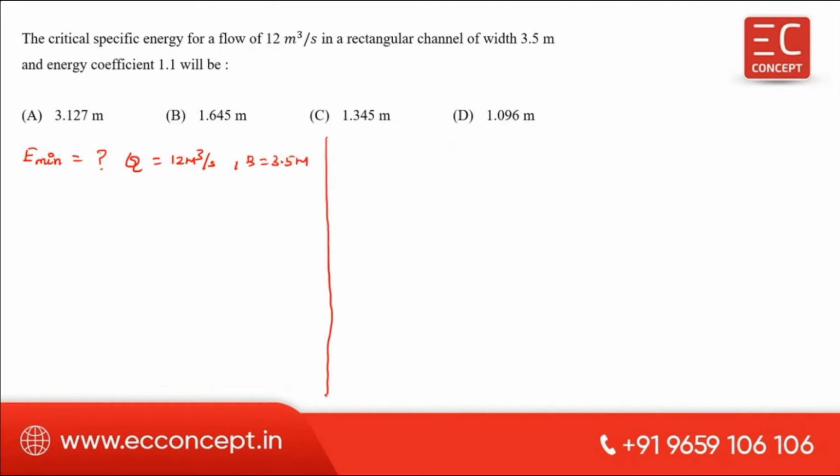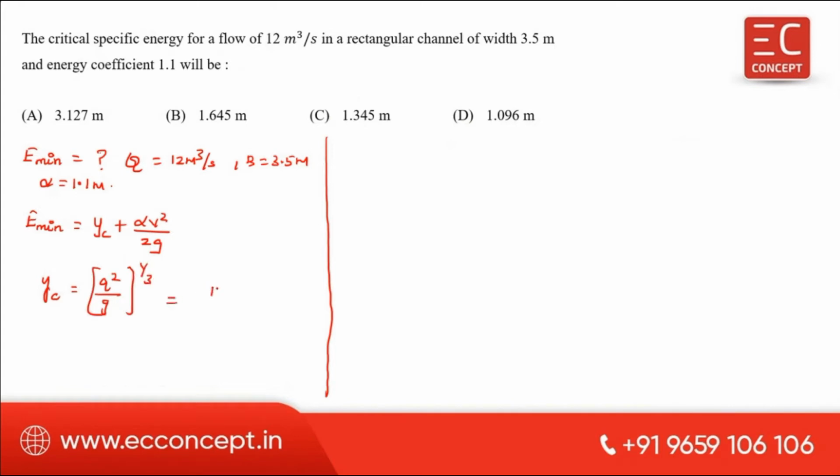And the energy coefficient alpha is equal to 1.1 meter. Then we know that E minimum is equal to H plus alpha V square divided by 2G. Here H in the sense YC. Therefore, YC is equal to (Q square divided by G) the whole power 1 by 3.